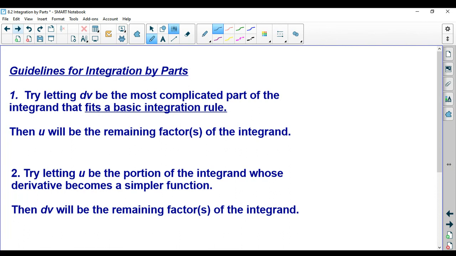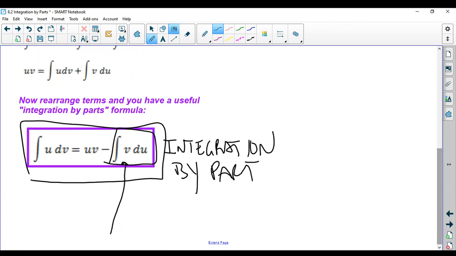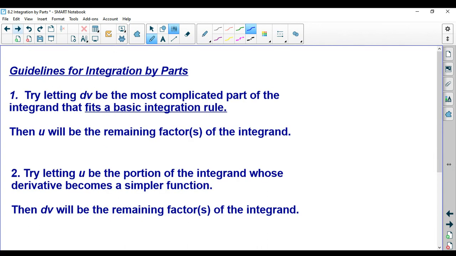But we're going to pick a u, like we always do, but we're also going to pick a dv. So notice the integral is not u du, it's u dv. So guidelines are try letting dv be the most complicated part, because we're going to have to integrate that. So it's going to be the most complicated part that we can actually integrate. And then u would be everything else, because u we're going to have to differentiate.